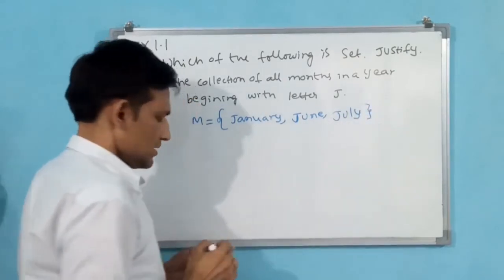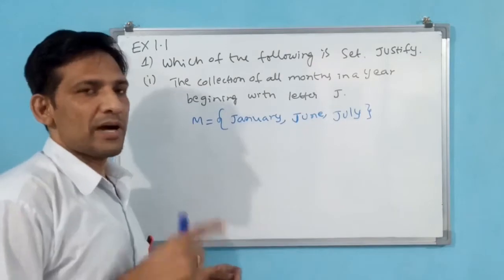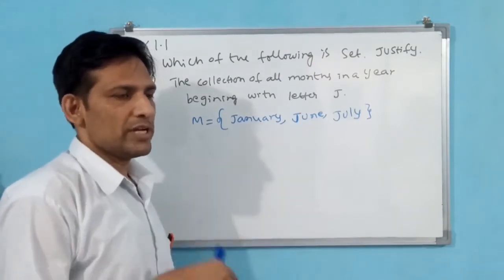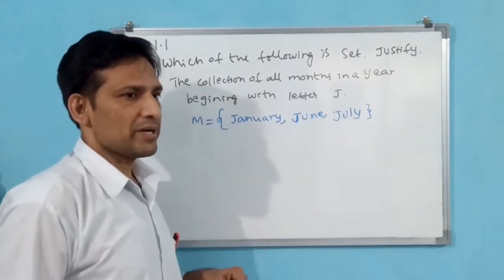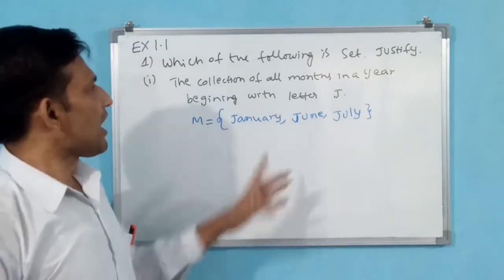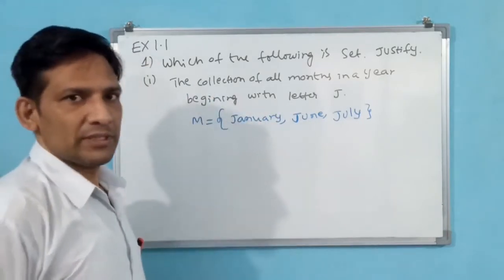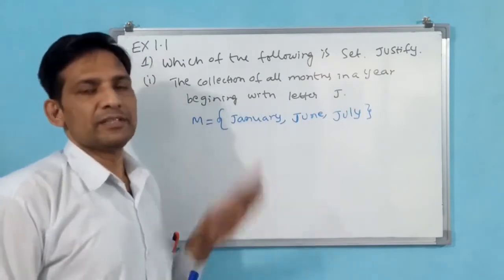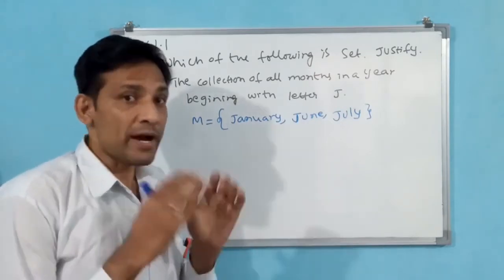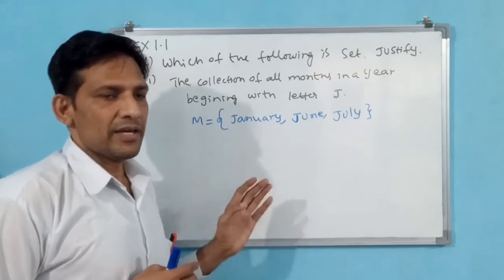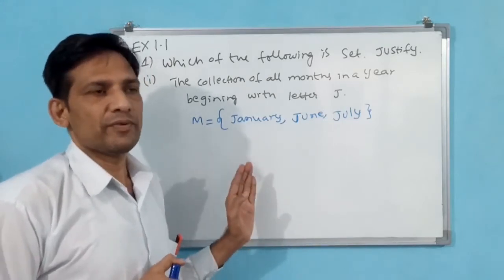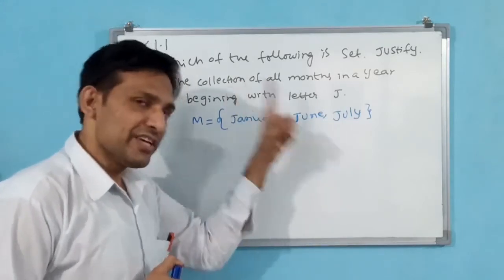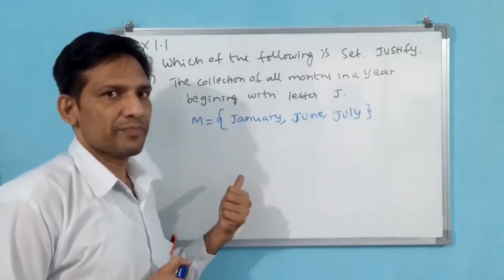January, February, March, April, May, June, July, August, September, October, November, December. Okay, all months. You understand the question in your way. Anyway, for the sake of answering this question, what he asked is to write the names of months in a year starting with J.